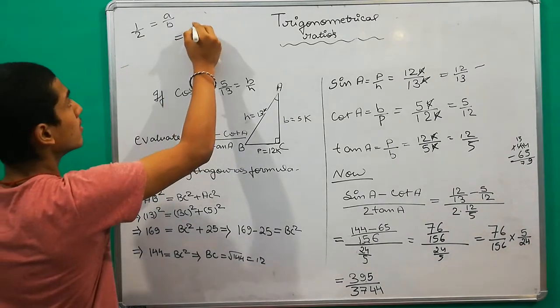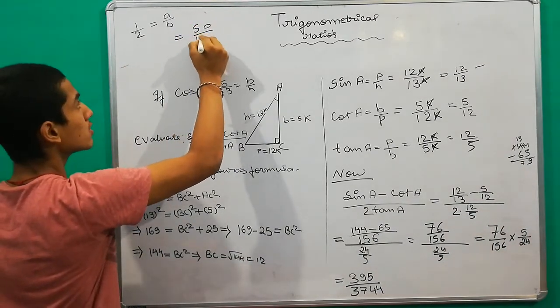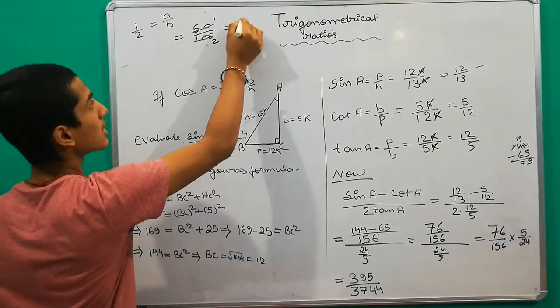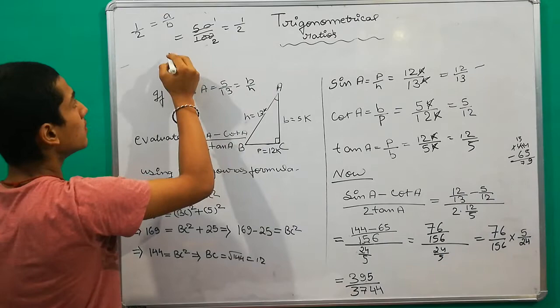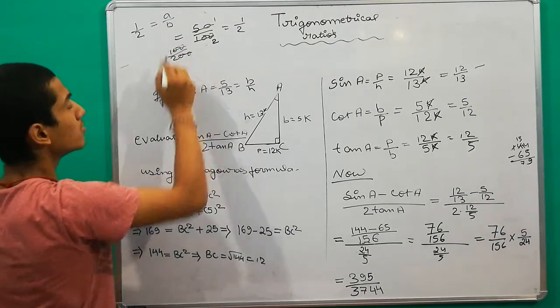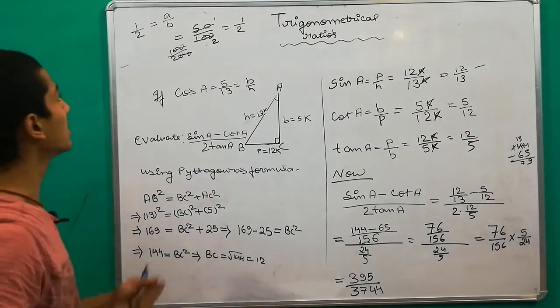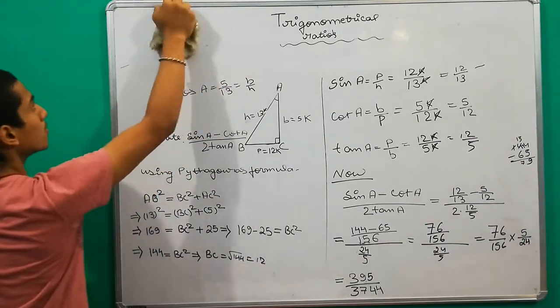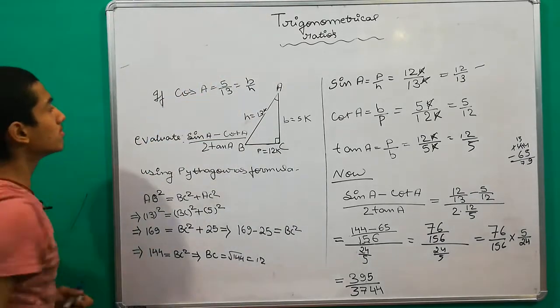It can be 50 by 100 also, it will cut and come to 1 by 2. If we take 100 by 200, then also it will come to 1 by 2. So there are so many numbers which, after simplifying, can become 1 by 2.